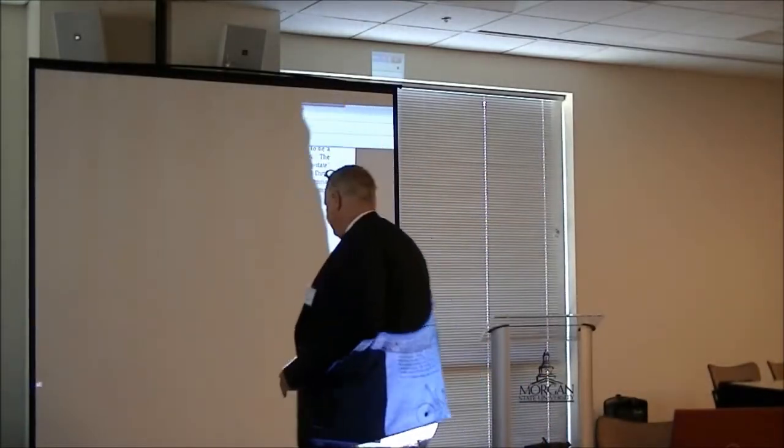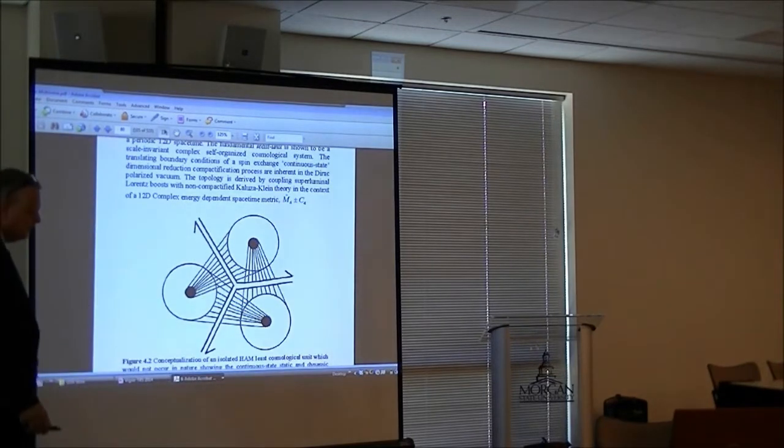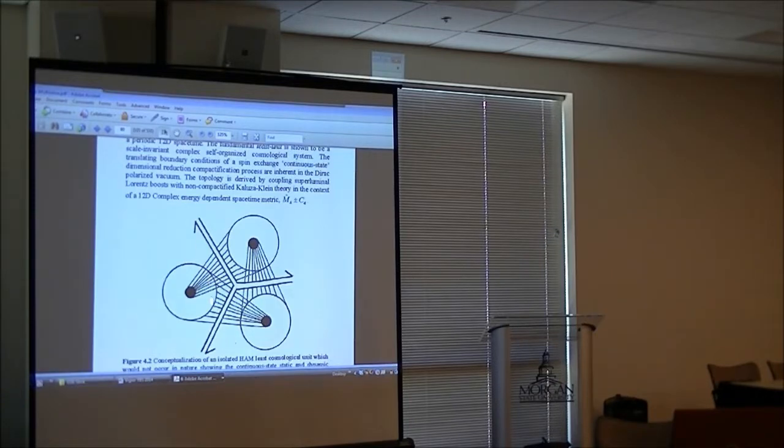This is like a crystal structure. We have a least unit from which the whole crystal is built up. This is an element in the least cosmological unit, but this particular one, like a quark, cannot exist free in nature.